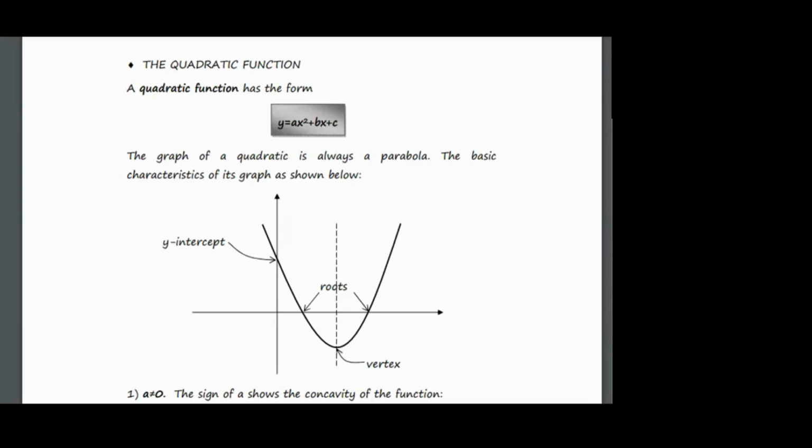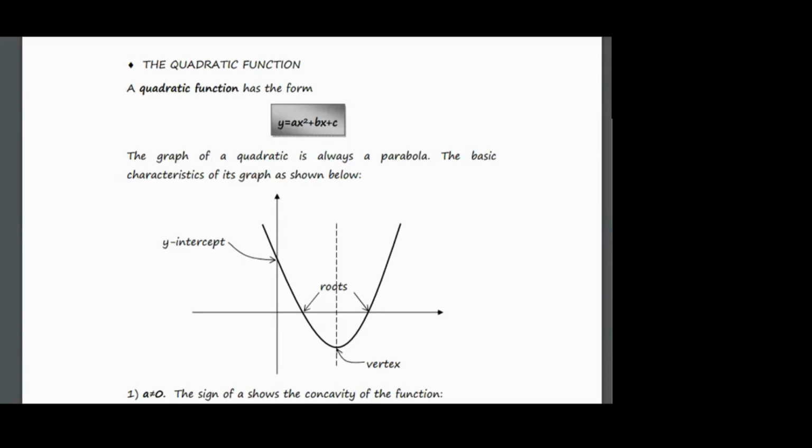Now the bottommost point is called the vertex. In this case, when you have the mouth open, it is called a mouth open parabola, like this. And wherever it is cutting the y-axis, that is called the y-intercept.